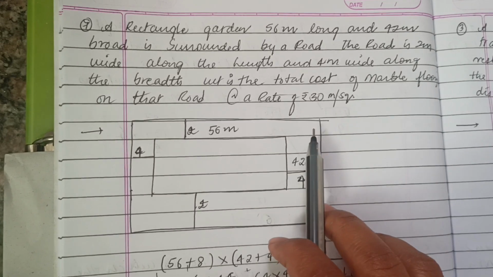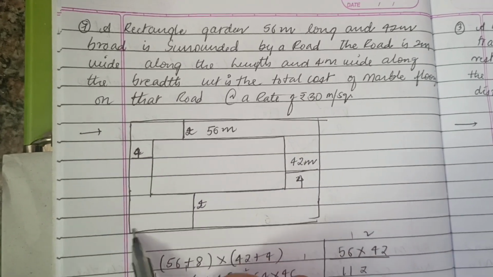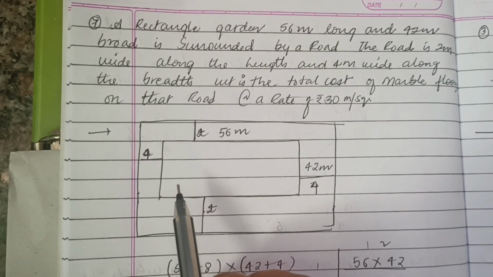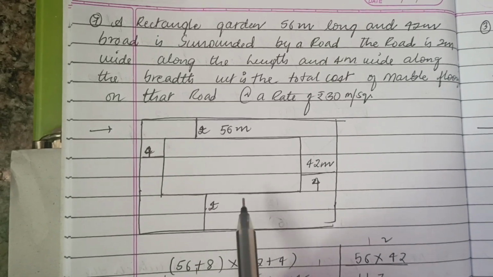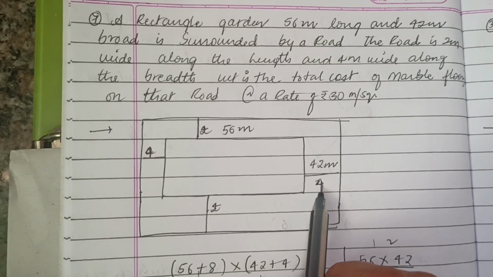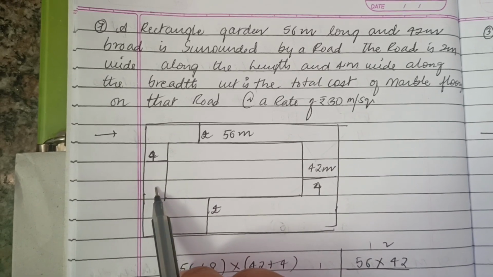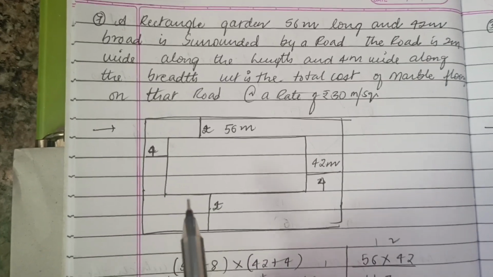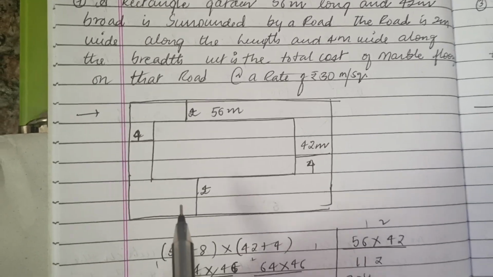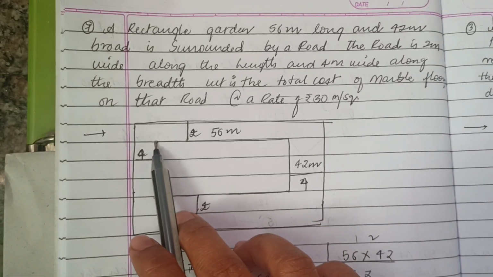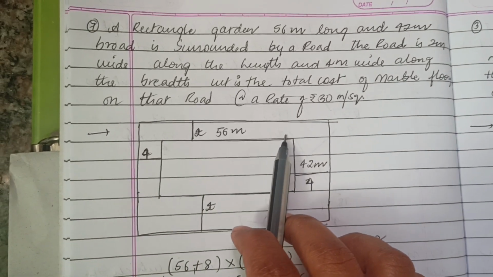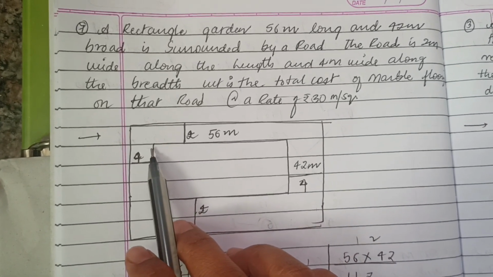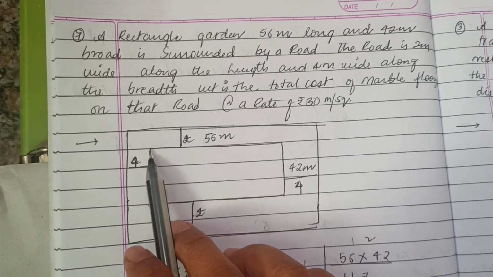Okay, so by extending this I have drawn another rectangle. I know this is not a perfect rectangle, so just assume this is also 4 and this will be equal to 4 also, and if this is 2 this will also be equal to 2. The length of the rectangle initially was 56 meter.